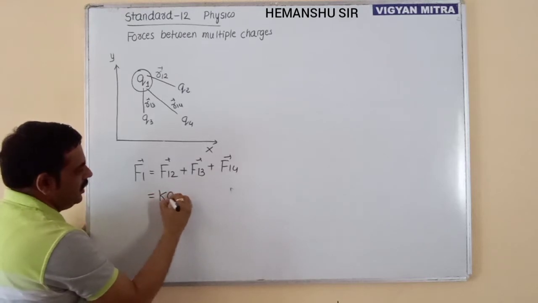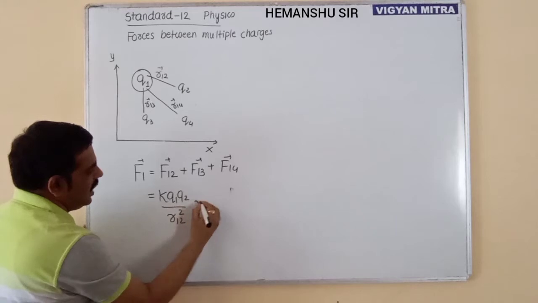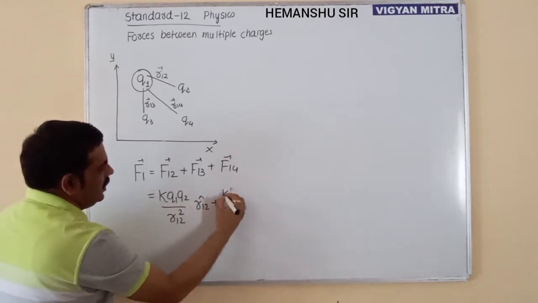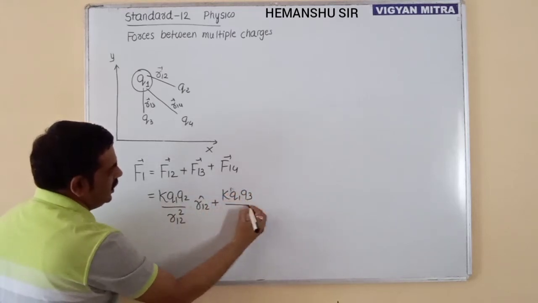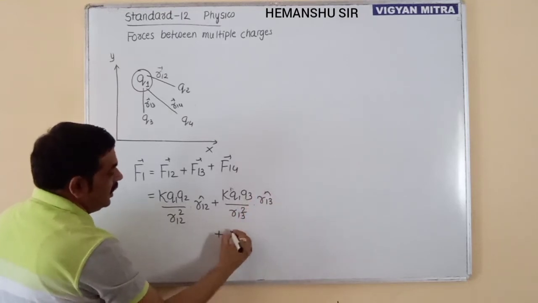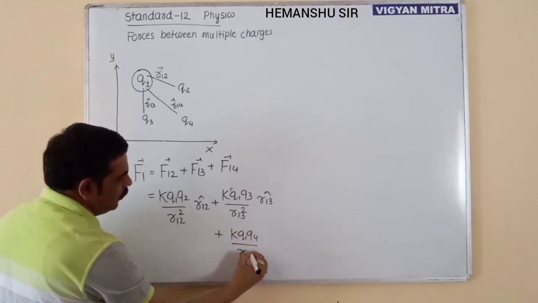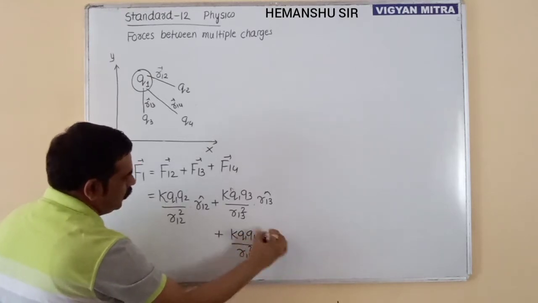So it is k q1 q2 divided by r12 square r12 cap, k q1 q3 divided by r13 square r13 cap, and k q1 q4 divided by r14 square into r14 cap.